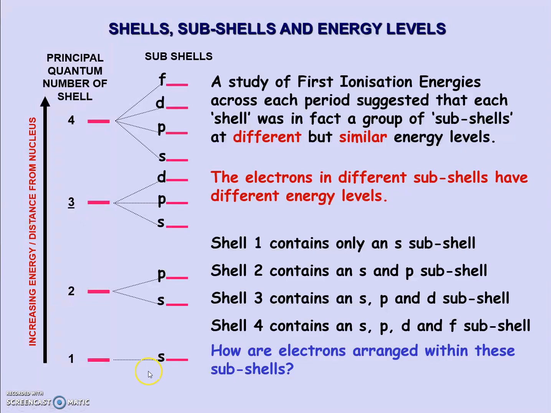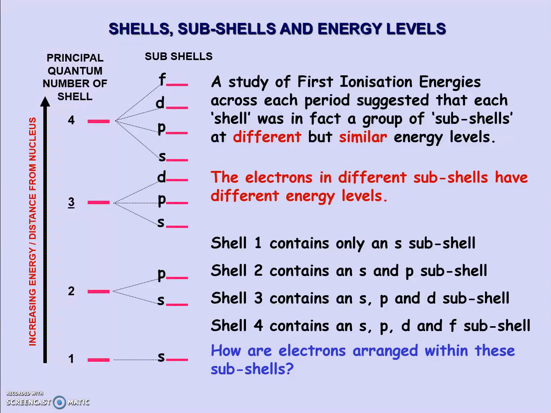What you can clearly see here is that in the first shell there is only one subshell, and we call that S. In the second shell there is an S subshell again, but now there's a P subshell. In the third shell there is an S, a P, as before, but now there's a D subshell. And also the fourth shell contains the S, P and D, and now contains the F subshell.